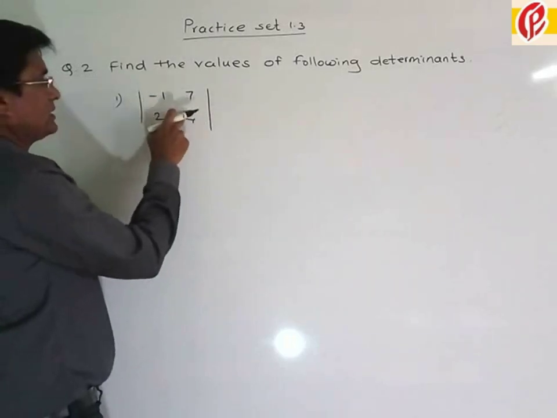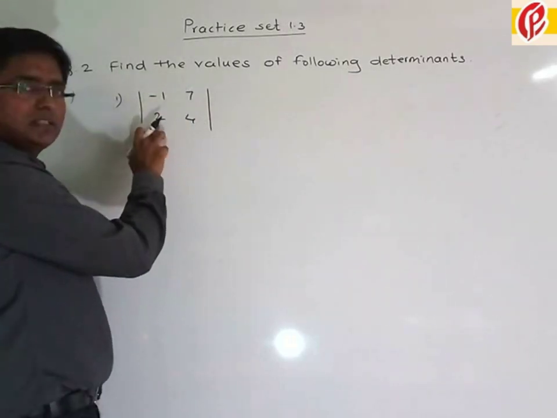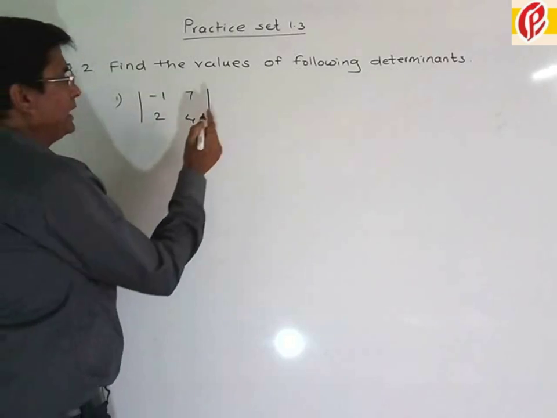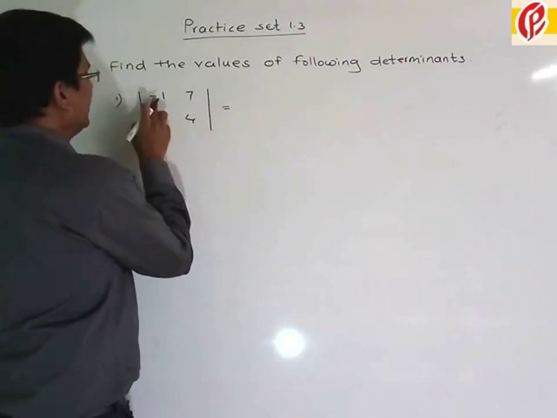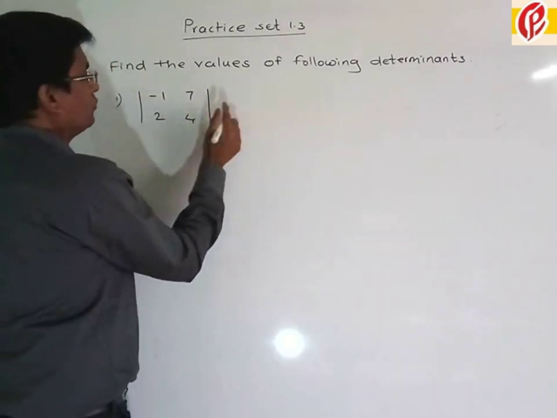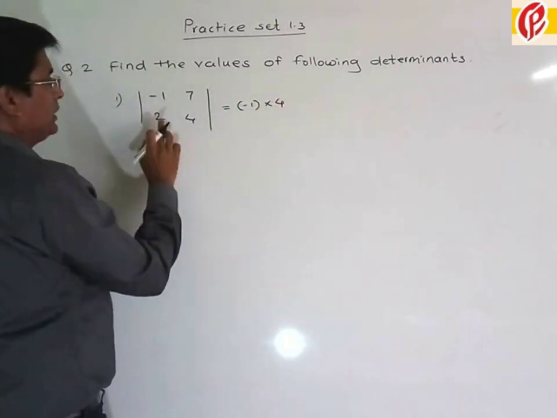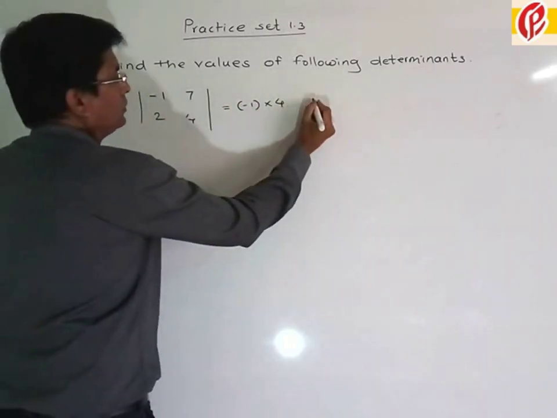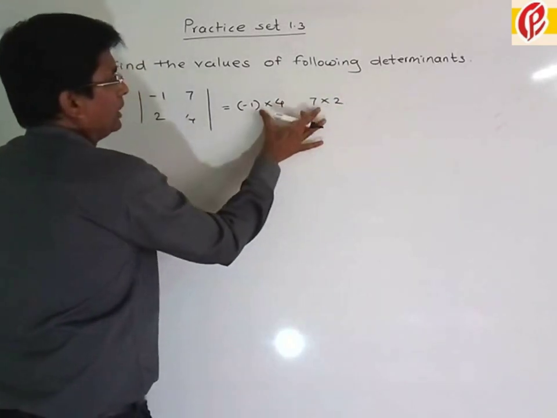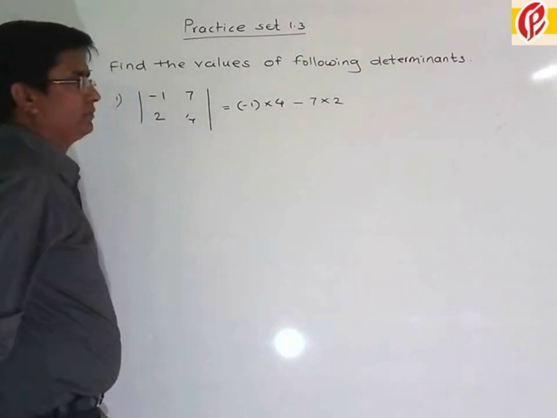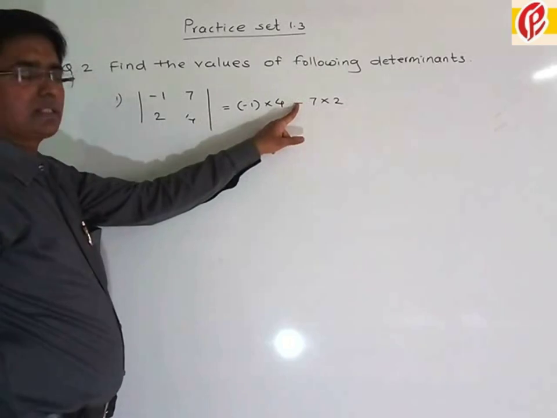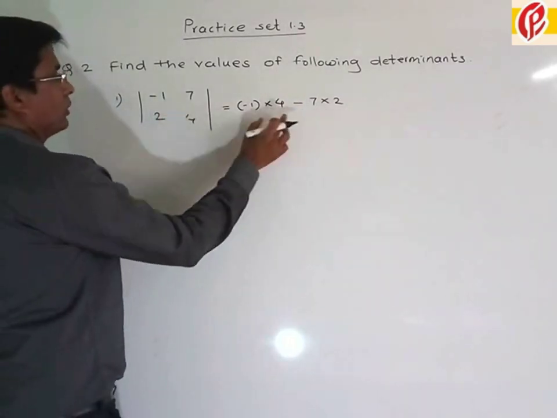The first multiplication is this, the second multiplication is this, and between them a minus sign. So I will write -1 into 4, and the second multiplication is 7 into 2, and between them a minus sign.